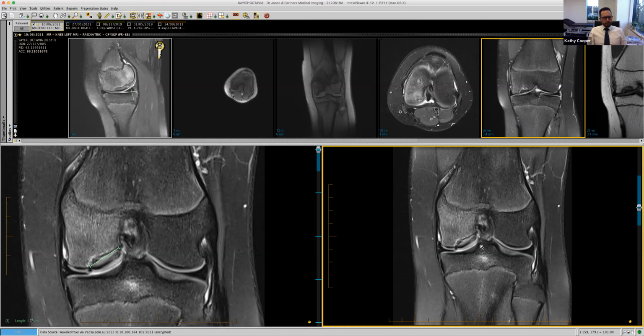Because I've had cases where they've been in and out of theatre 3 or 4 times in 12 months, fixing up things, with recurrent effusions and new mechanical symptoms, so it can be quite a big circus. Once they go into those higher grades, they can be a real nightmare.